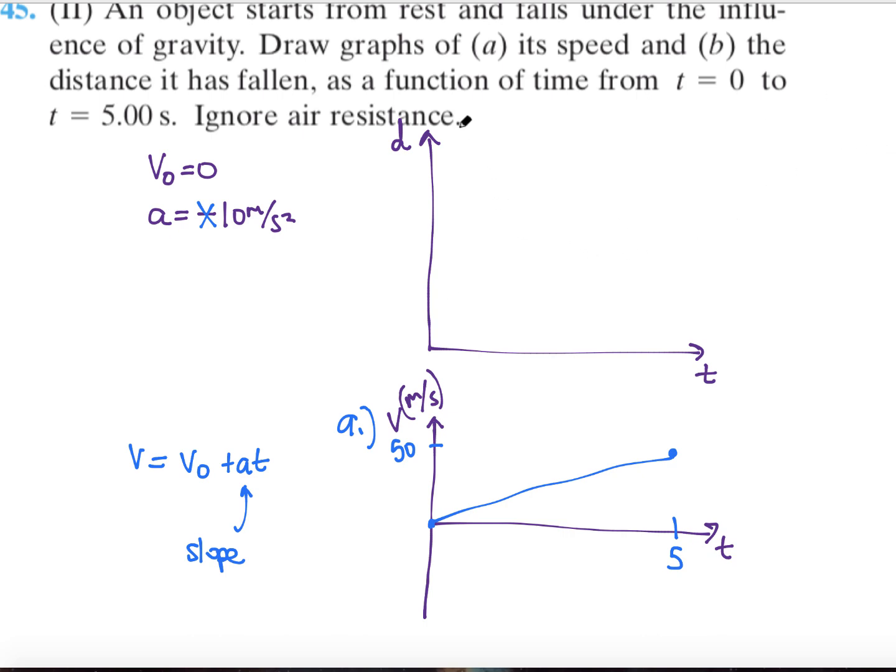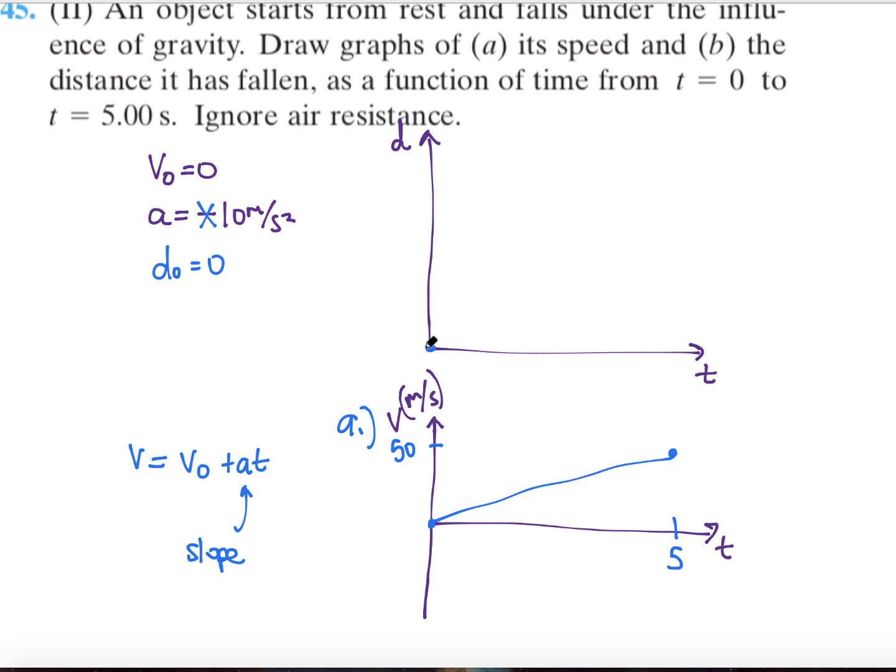So now I want to look at the distance that it's fallen as a function of time. So here, I'm going to say, all right, I'm going to start at 0. Remember, this is distance fallen. So I'm starting at 0, and then I'm going to a higher distance. Right? So d0 is 0, and I'm increasing from there. So how does this look? Well, this is the slope of my line.